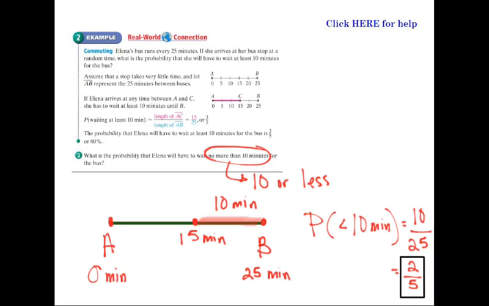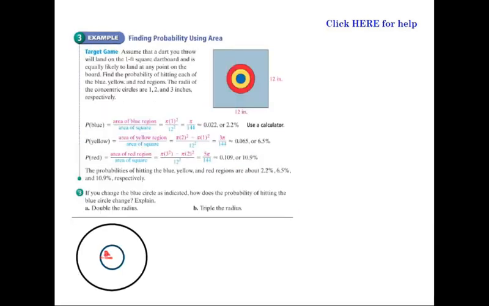On the next one, we're dealing with a target. And our target is we have colors here, and then over the whole thing, our whole area, which is 12 by 12 or 144. So you can see they have it for 144. And they did the blue region, and they got, with a radius of 1, pi over 144, about 2.2%.